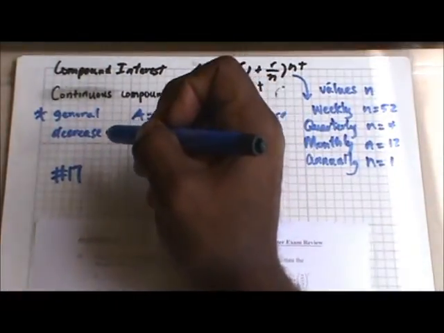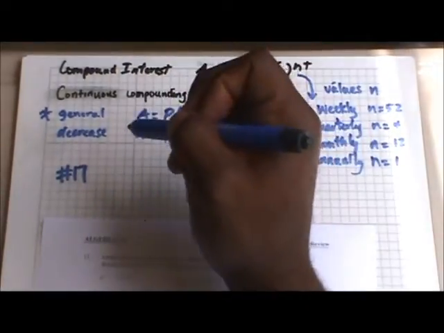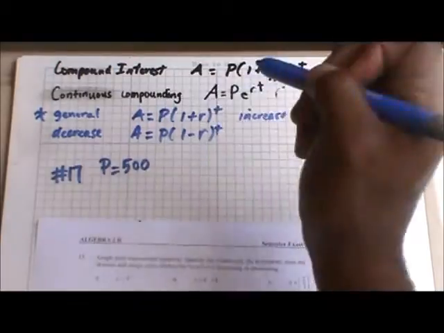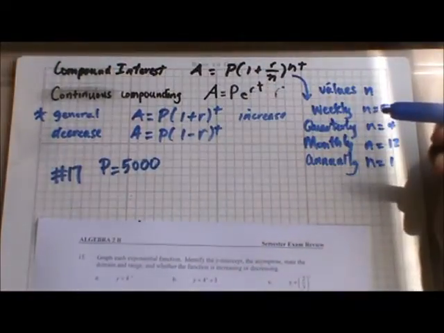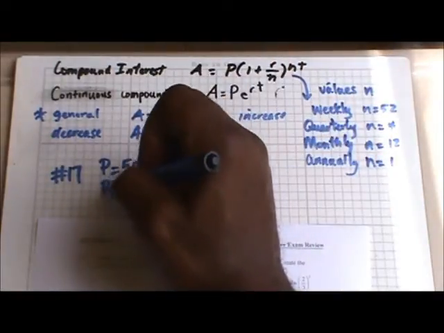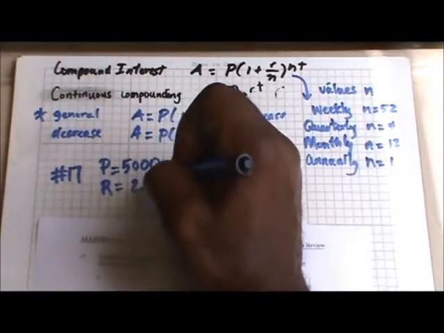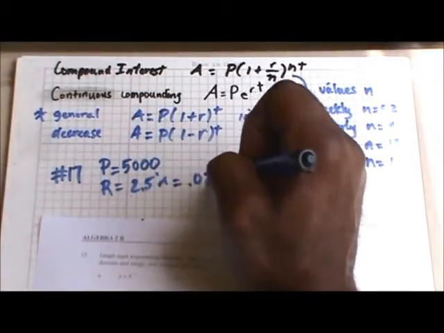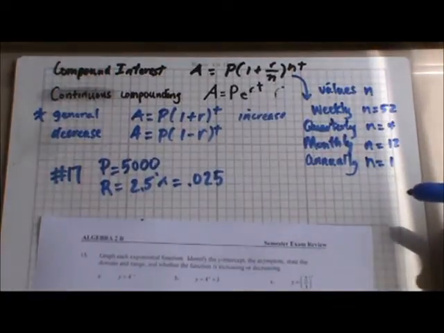If we pull that information out for number 17, we have P is equal to 5,000. Your r is equal to 2.5%, which we change to 0.025.